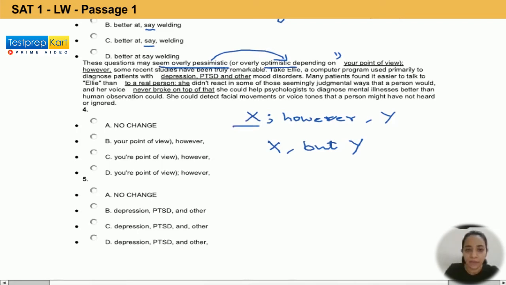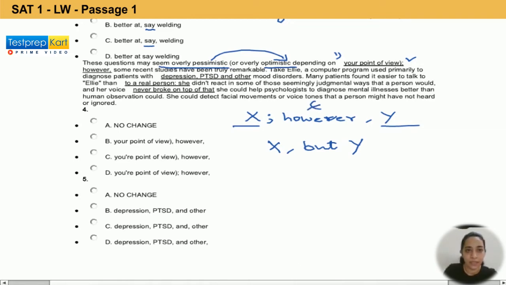Here, when we have completed the first part, before the next part, which is also complete, we need to have a semicolon, or sometimes a full stop, which suggests that this part is complete. This is the first part. However, now this is the second part which is coming. So now we want a semicolon, which is actually given here. So this part is good. And we also are given a comma after however, again showing contrast. So this part looks good.